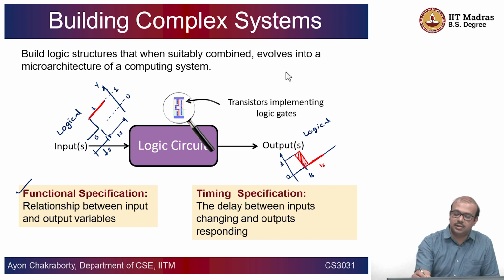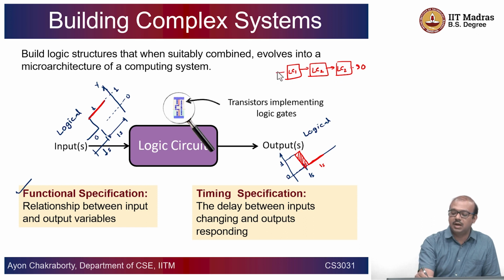So what you could have is that there is a logical circuit 1, the output goes to another logical circuit, the output goes to another logical circuit, and so on, right? And then you get a final output and you have another input, right? So this is, let's say, input, and this is the output.